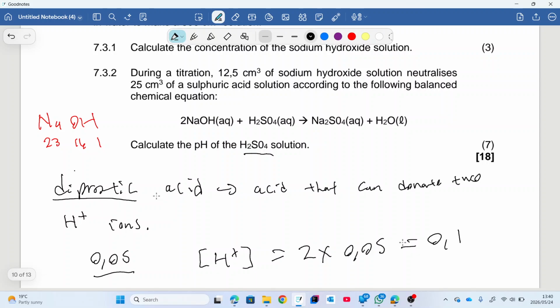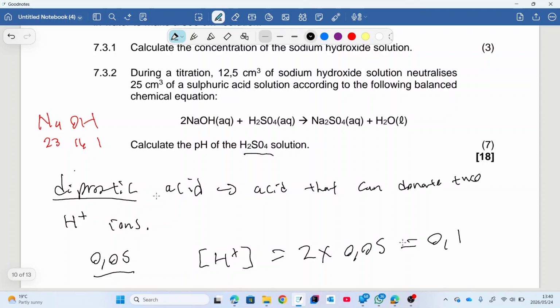So, the concentration of the acid is 0.05. Yes. But the concentration of H plus ions, which are the ones that we define an acid with, must be double the concentration of the acid. Why? Because every acid molecule donates 2 of the H plus ions.